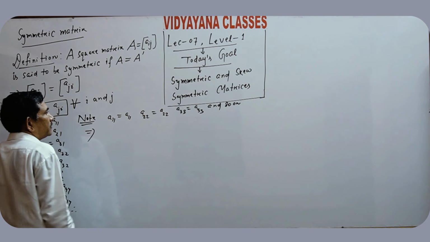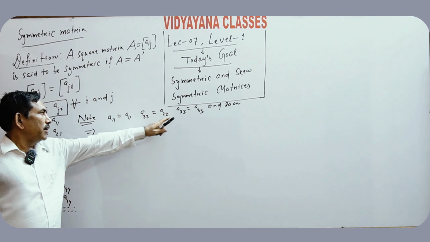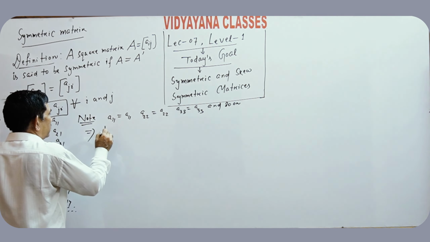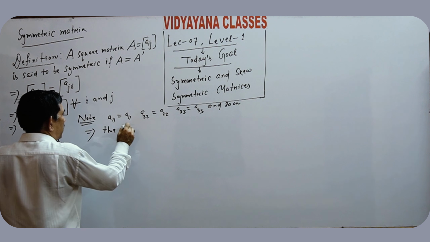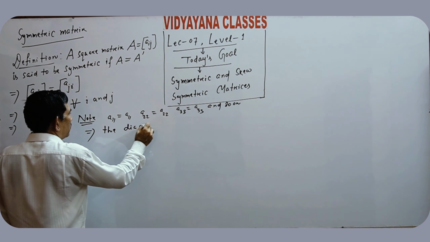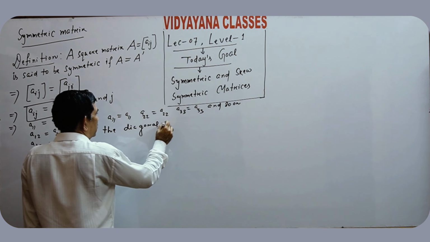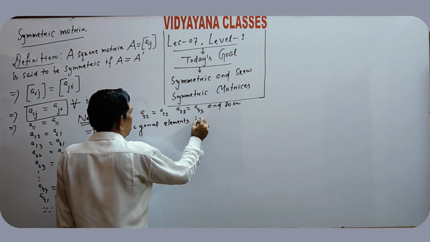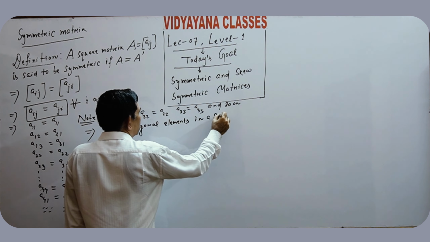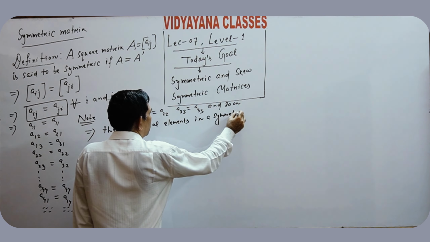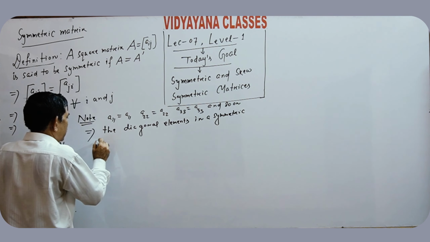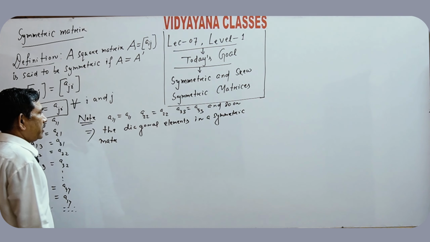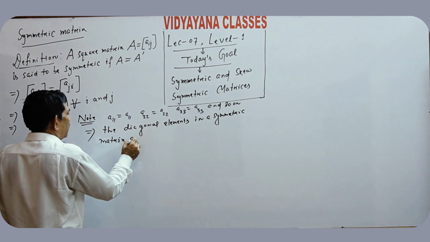This implies A11, A22, A33 are the diagonal elements. The diagonal elements in a symmetric matrix are independent.